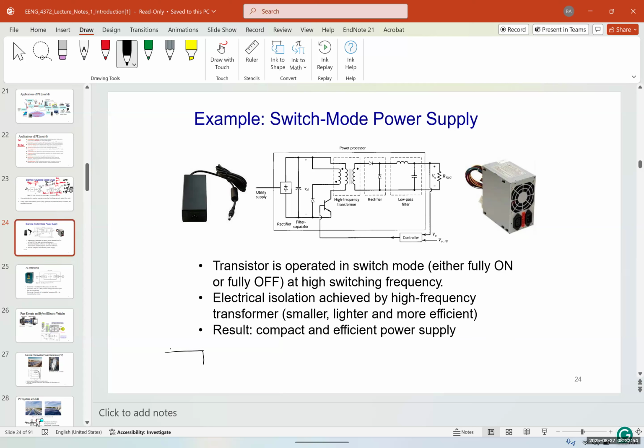So a normal AC to DC, you have a transformer, and you would convert the 120 volts to 12 volts. And after that, you would run that through a bridge rectifier.